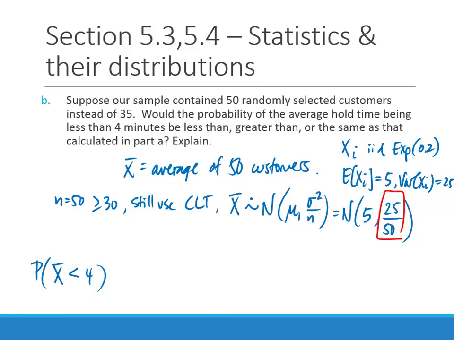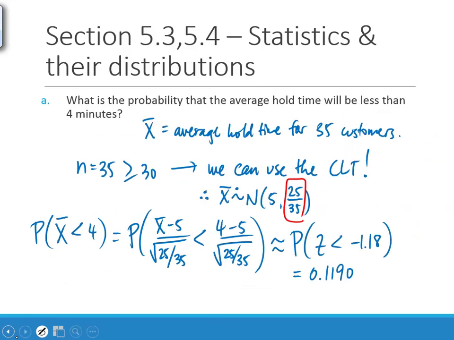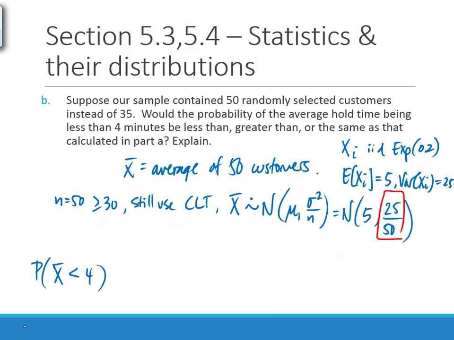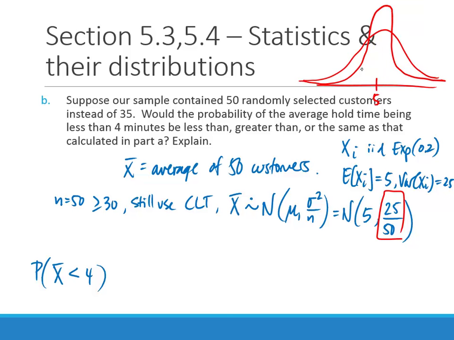So if we have a normal distribution, before it was something like this, and now the variance is smaller, so the distribution is going to be more squeezed together. So the distribution now looks something like that, and this is the mean at 5. We want to know something about the probability of being less than 4.